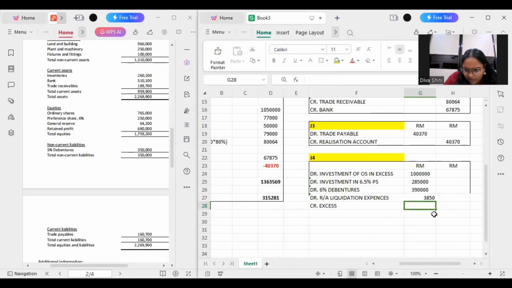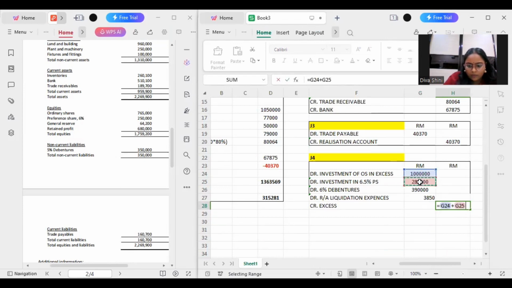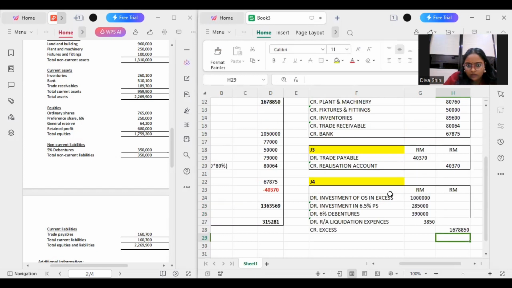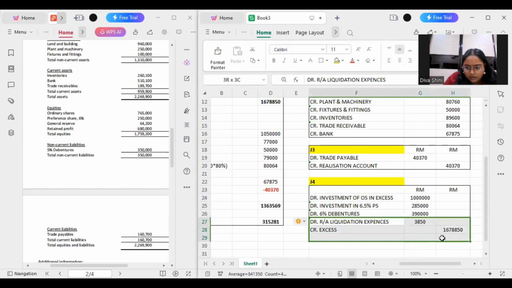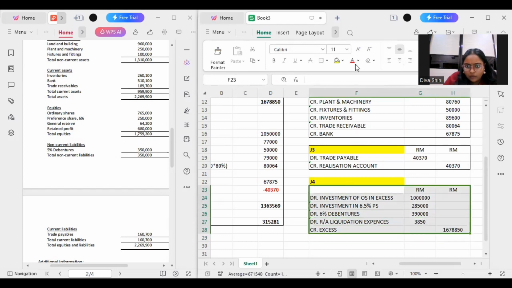And when we total up everything, we should get the total purchase consideration. And yeah, we got it. So this is for journal 4.